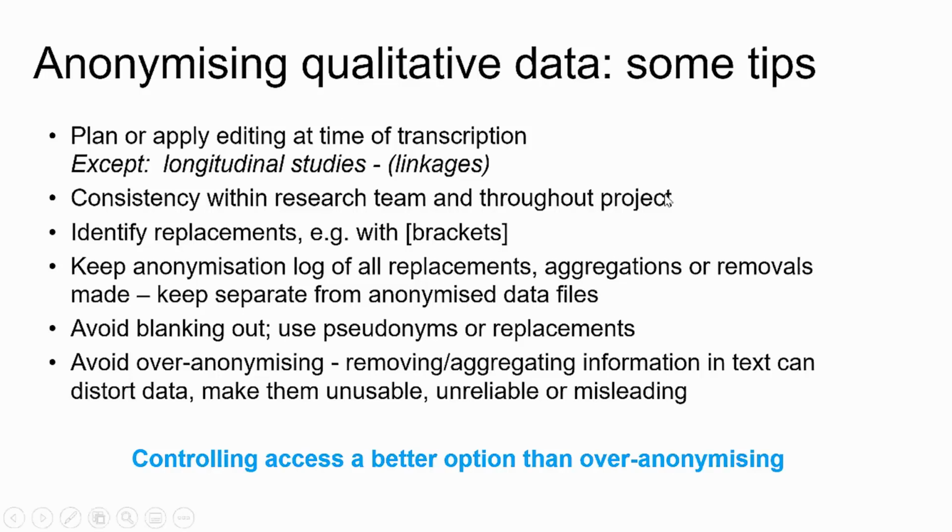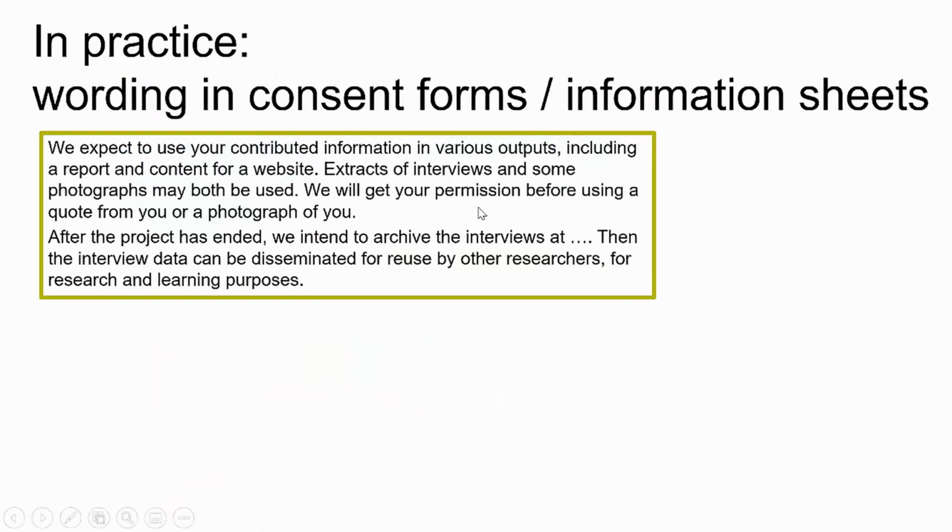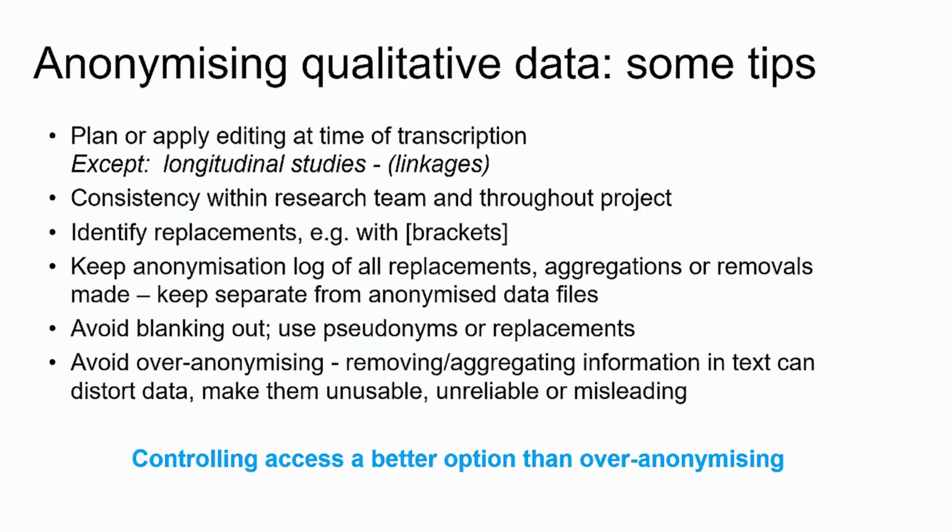And actually, we use other strategies as well to protect participants' identities. Specifically, making sure that there is consent in place, that your participants know that you're sharing data or that you're going to use data extracts in a particular way, is one way.